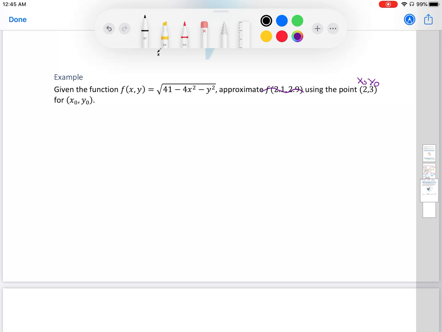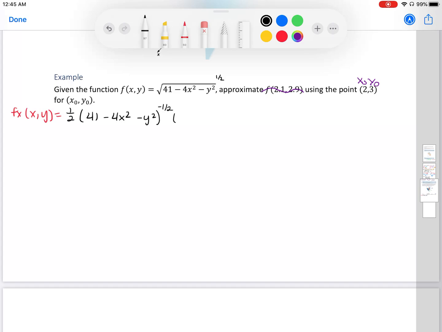So we want to begin by finding the derivative of our function in terms of x and then in terms of y. For f sub x, we have to perform the chain rule. We can think of this exponent as 1/2. So 1/2 of 41 minus 4x squared minus y squared, and then 1/2 minus 1 is negative 1/2.